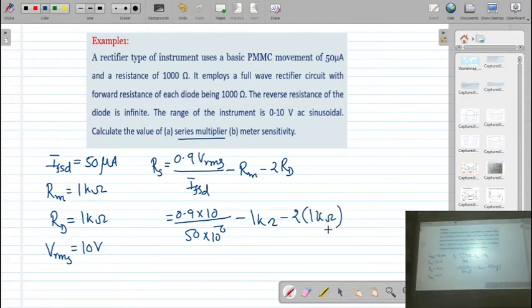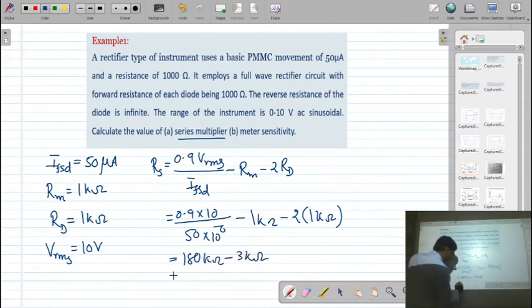Resistance of the diode is there. So this will come out to be 180 kilo ohm minus 3 kilo ohm, and this is equal to 177 kilo ohm, that is 177000 ohm.